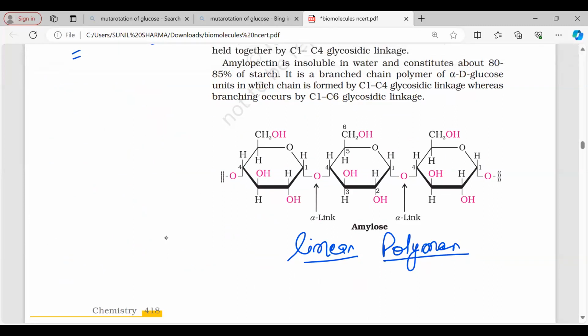Amylose is water soluble. Second, it constitutes 15 to 20% of the starch. Third, it gives a blue color with iodine. And fourth, it is a linear polymer of alpha D glucose.